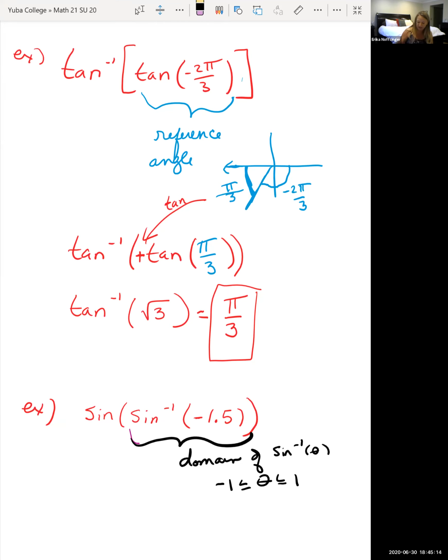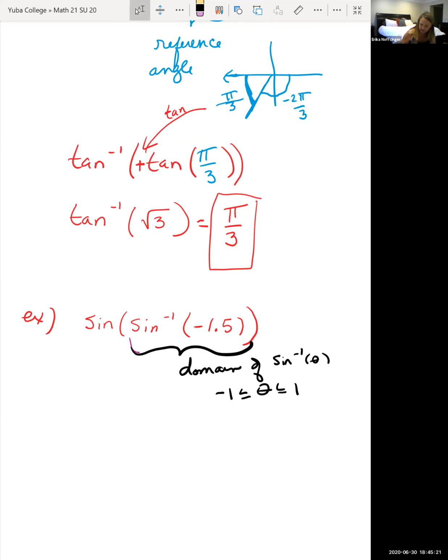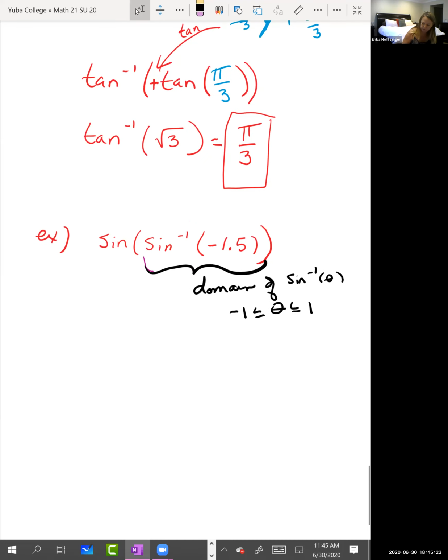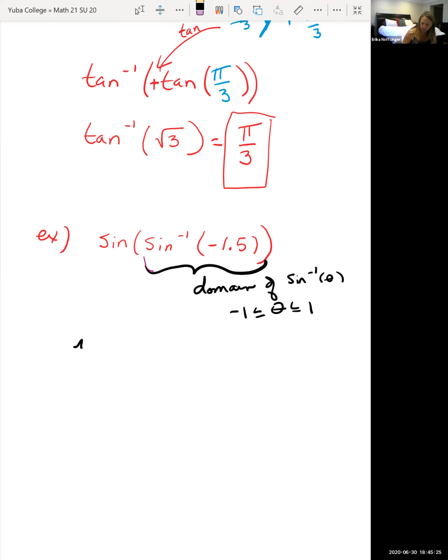So if you plug that in the calculator, you're going to get an error. This is impossible. So this is undefined. It's not possible. Undefined.